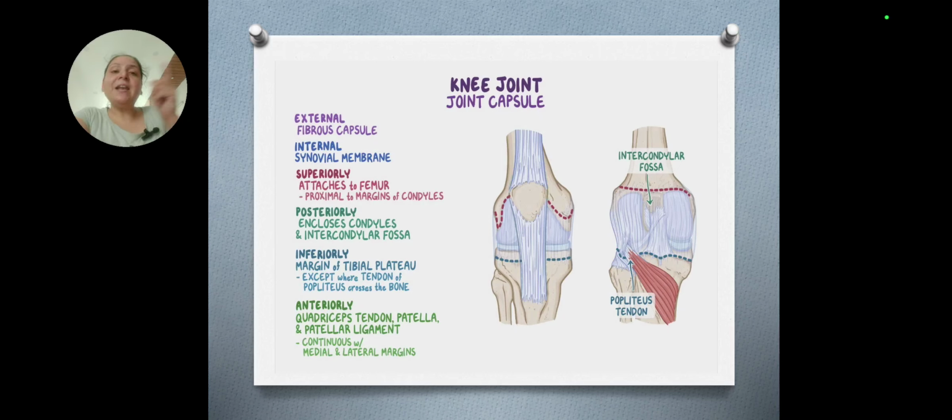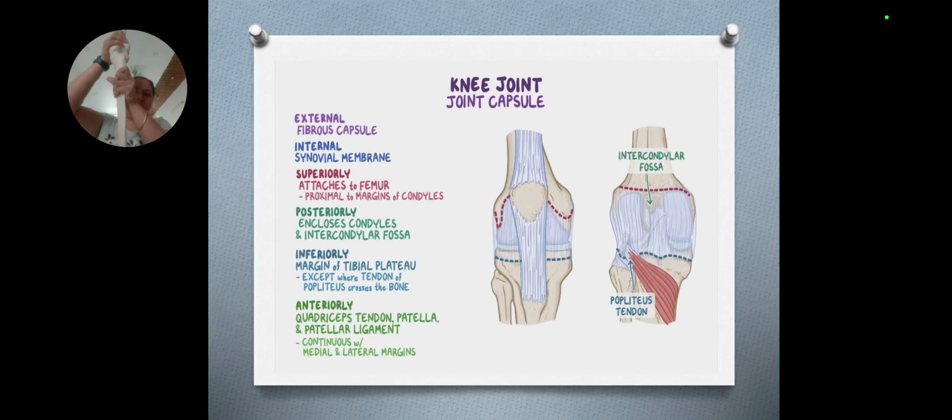But on the medial and the lateral side, they are supported by the medial patellar retinaculum and the lateral patellar retinaculum. So if I show you like this, the capsule is lying like this.